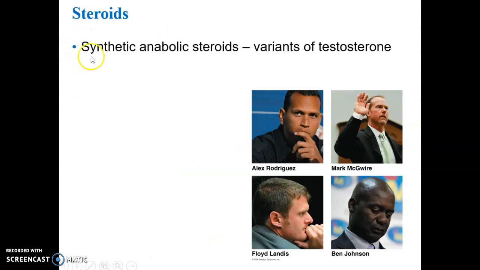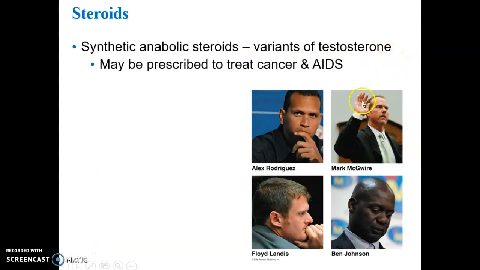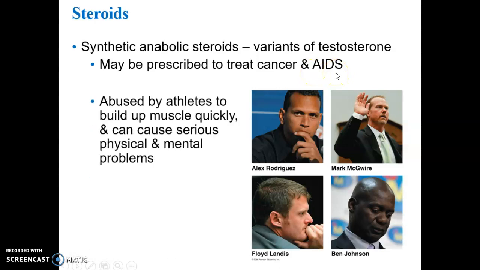So continuing with steroids, you may have heard of synthetic or anabolic steroids. These are steroids that are produced in a laboratory, and they're variations of testosterone. They have been used and abused by athletes, even though initially they were generated to treat certain cancers and aid symptoms in AIDS patients to have them live longer and to combat some of the debilitating effects of AIDS.